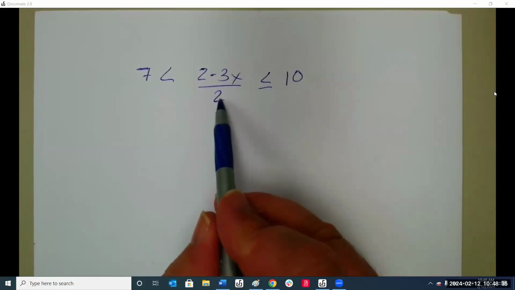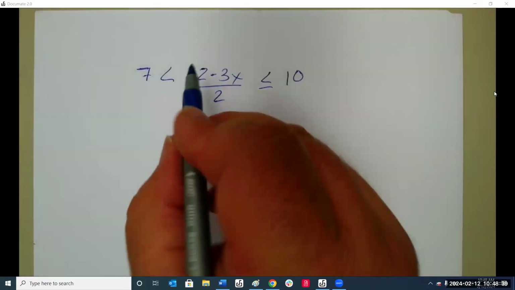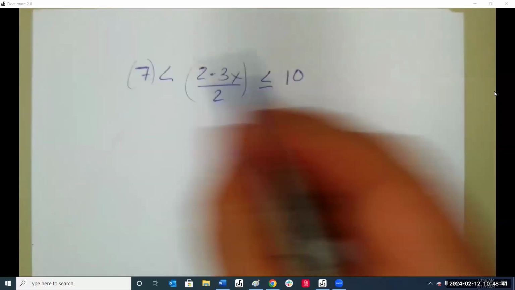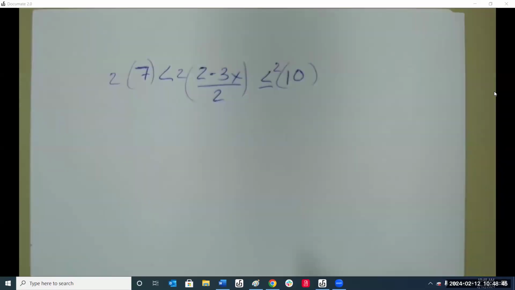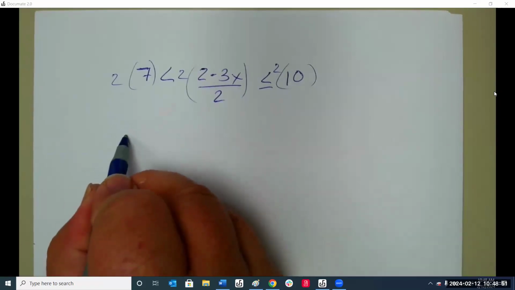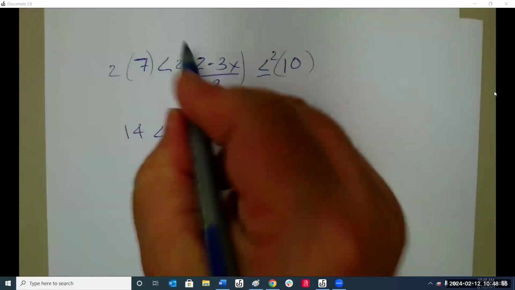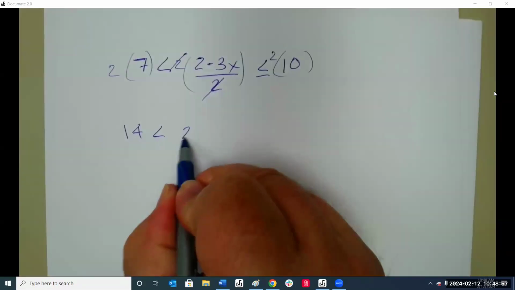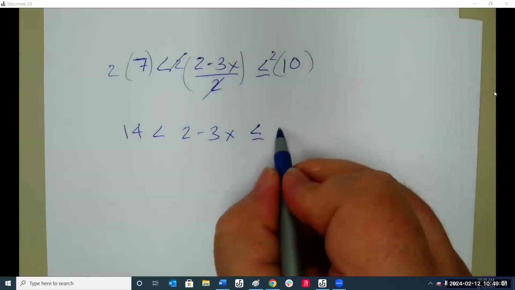Get rid of the 2. How do you get rid of the 2? Yeah, that's the LCD. Multiply each term by the LCD. So that gives us 14 is less than, the 2's cancel, 2 minus 3x. 2 times 10 is 20.